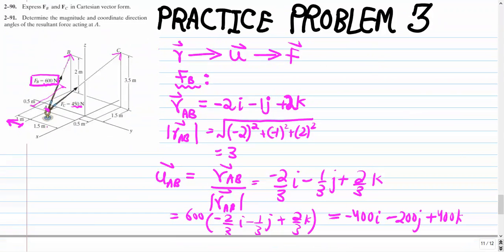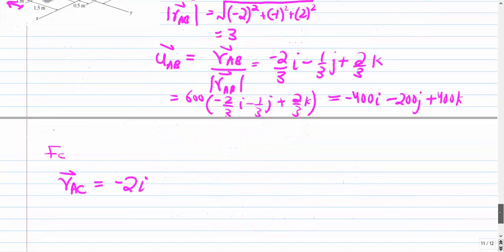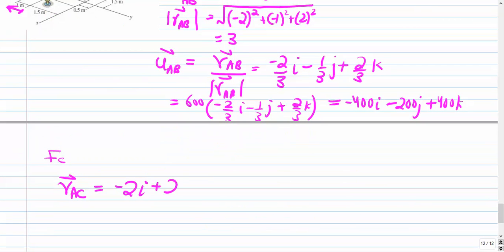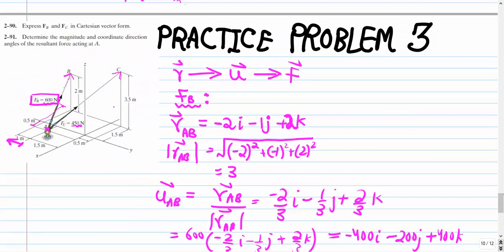It travels 2 meters in the positive y direction. That is going to give us 2j. And lastly, it travels 3.5 meters in the positive z direction. And so that is going to give us plus 3.5k.